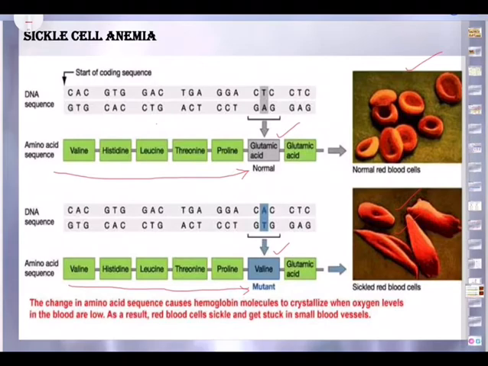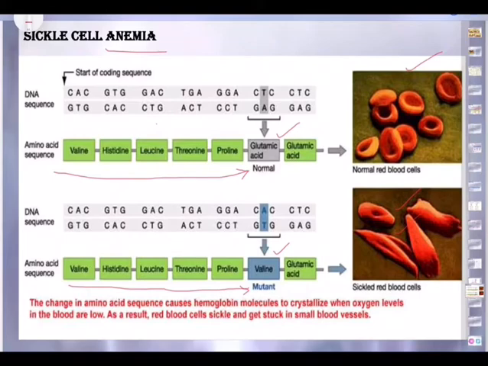The moment the RBC loses its shape, what happens is, inside the RBC there is a red colored pigment, hemoglobin, HB, as we normally abbreviate it. This hemoglobin has iron. The iron combines with the oxygen that we are taking and becomes iron oxide. So absorption of oxygen is because of hemoglobin, and hemoglobin is present in the RBC.